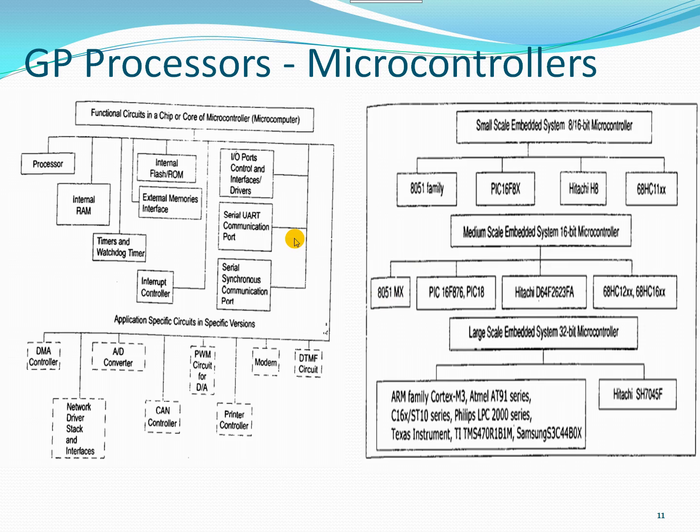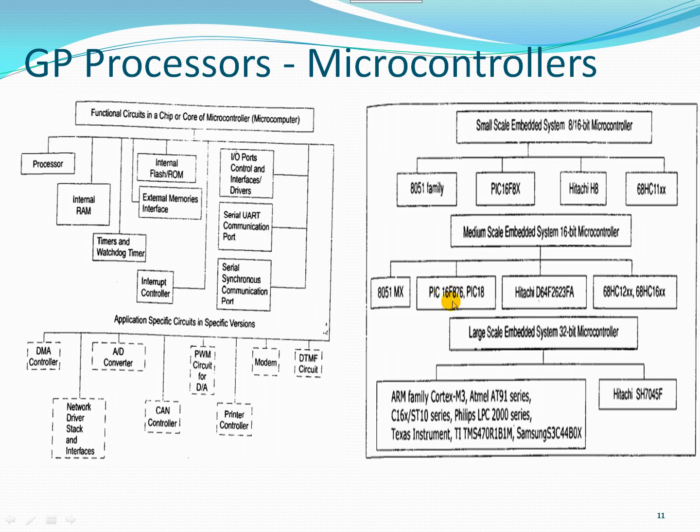And PIC16F876 is a robust one, and it is coming under the medium scale, because comparing this to the 87 series, the processing speed is very high.